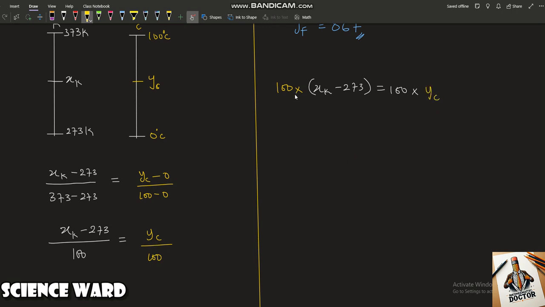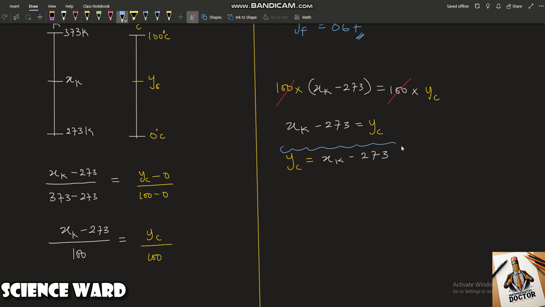Looking at the two sides of the equation, you will notice that this 100 cancels out that 100, and of course you get xK minus 273 to be equal to, on this side, yC. Did you see that? So in this scale of reference, I could say that yC equals xK minus 273.